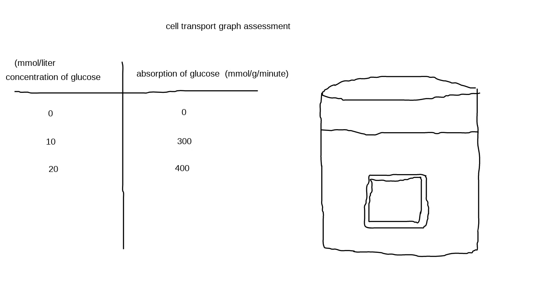When the concentration of glucose out here is 0, then the rate, the speed at which the cell is absorbing the glucose, is 0. These numbers describe the amount of glucose in the water.